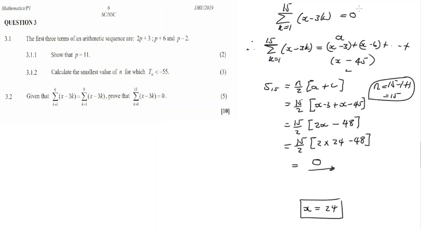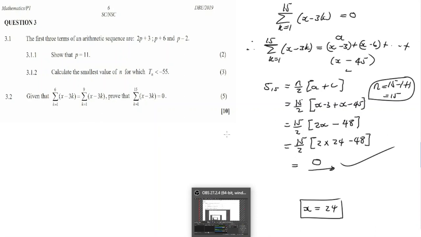So now that we have proved that this is actually equal to 0. Okay, so this is your final answer.